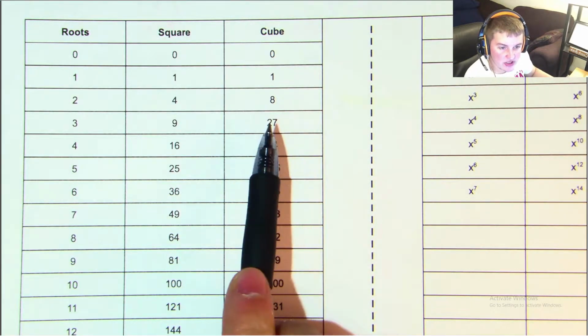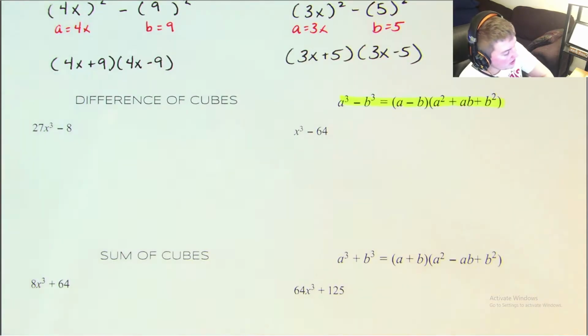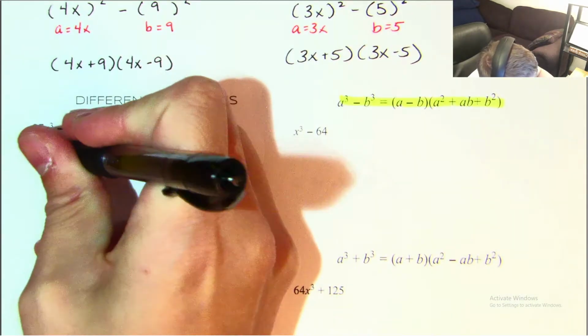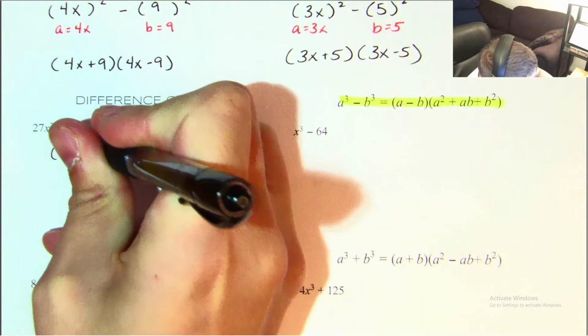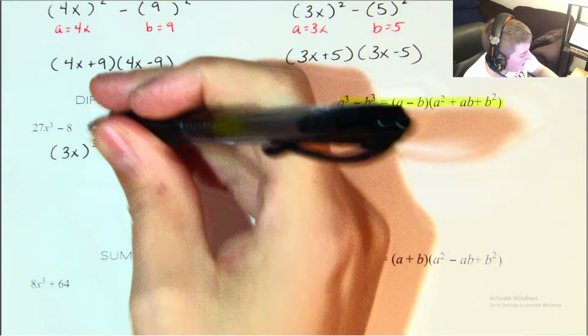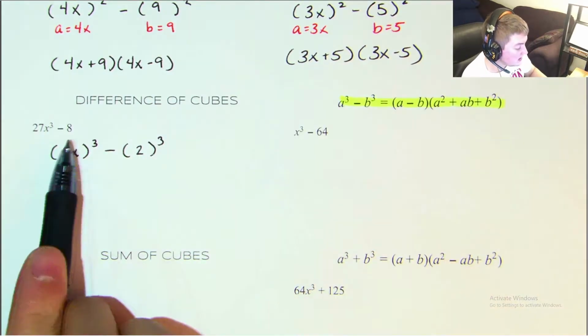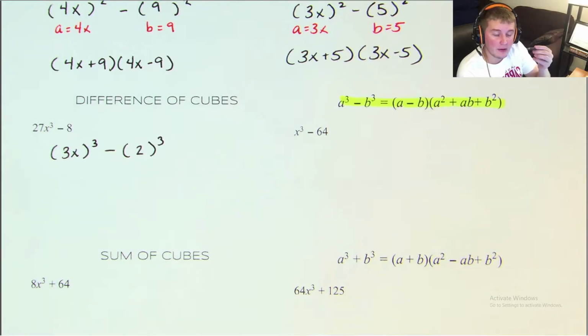So 27 is a perfect cube, and its root is 3. I can rewrite 27x cubed as 3x, that whole thing to the third power, and I can write 8 as 2 to the third power. You can find 8 and 27 in the cube column.